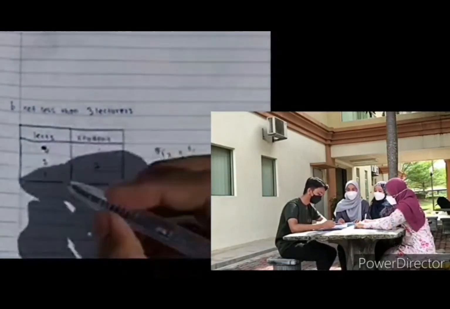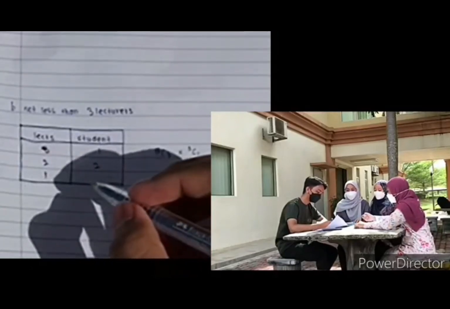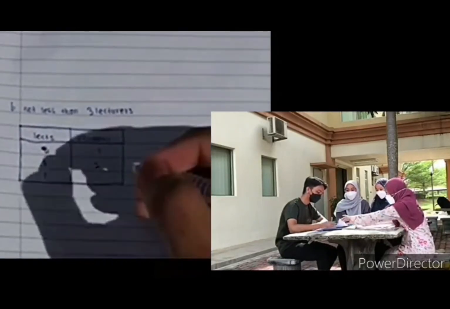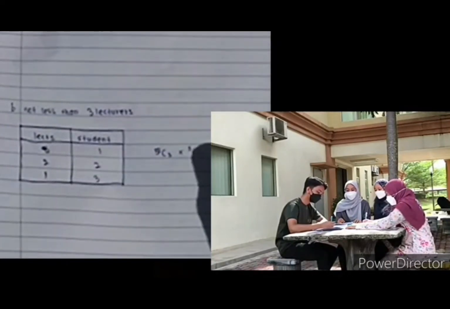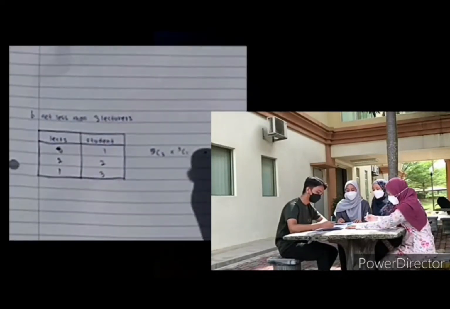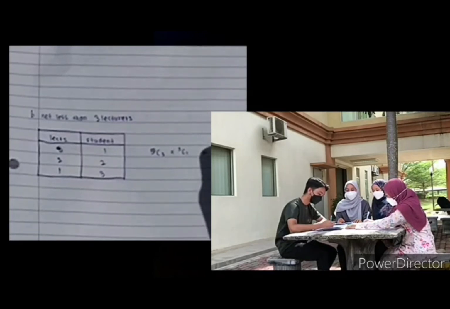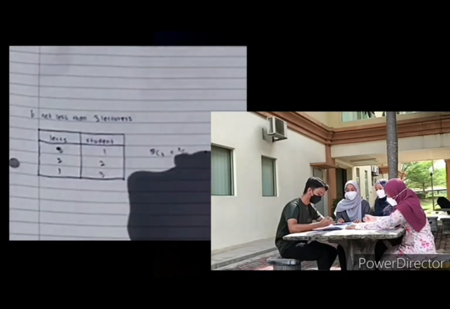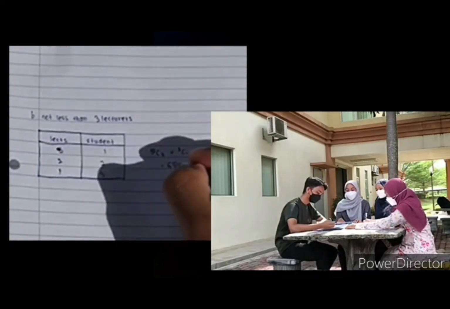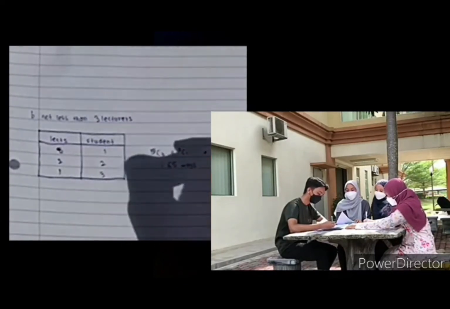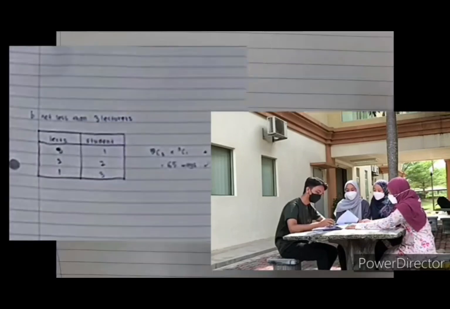For case 3, we want to choose 1 lecturer from 5 lecturers, multiplied by 3 students from 3 students. After we add case 1, case 2, and case 3, we get 65 ways.